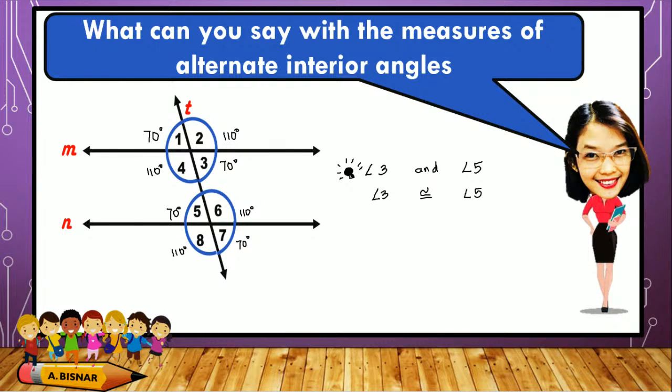Okay, now what is the next pair of interior angles? Angle 4 and angle 6. And what can you say?